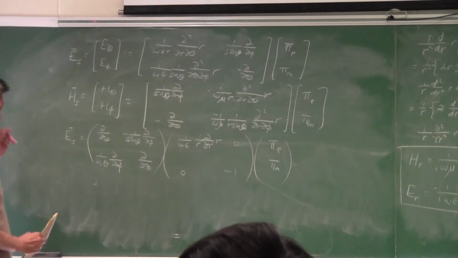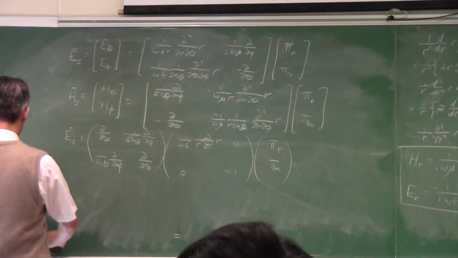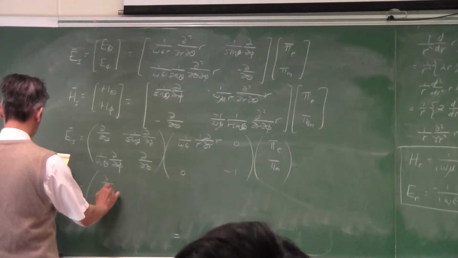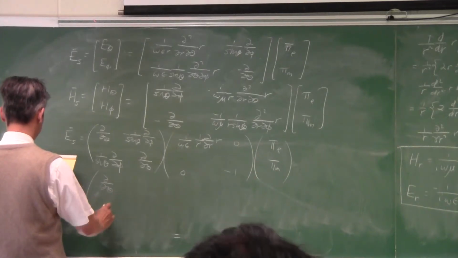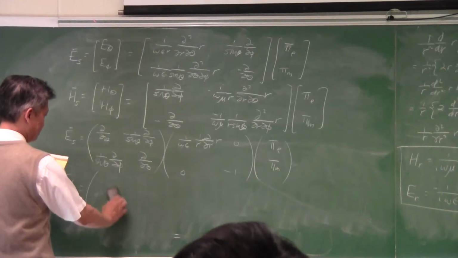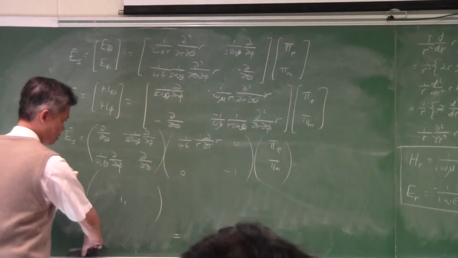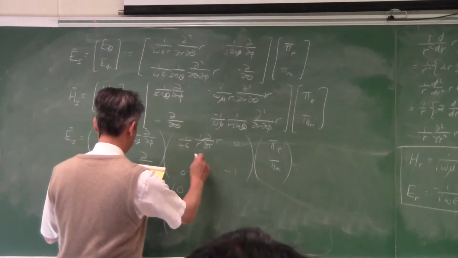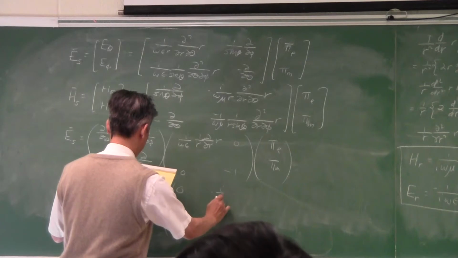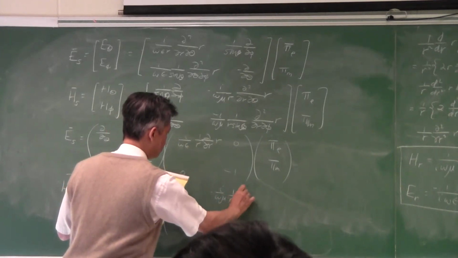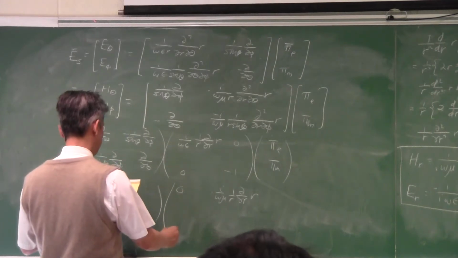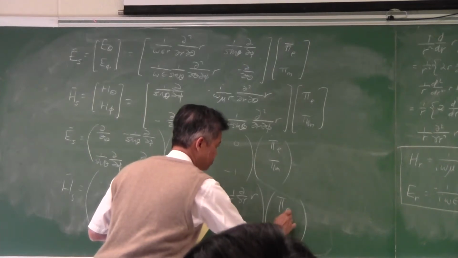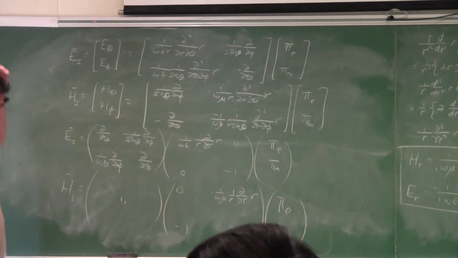Similarly you can do the same thing to H_s, which can also be factorized with the same factor, and then this factor is slightly different. It's sort of the dual of the above, and then minus 1, 0, pi e, pi m. This factorization is important.